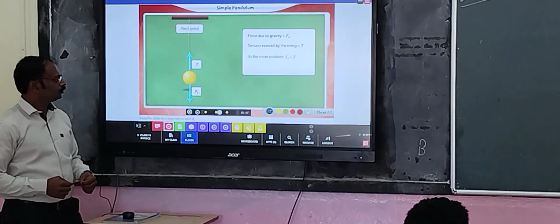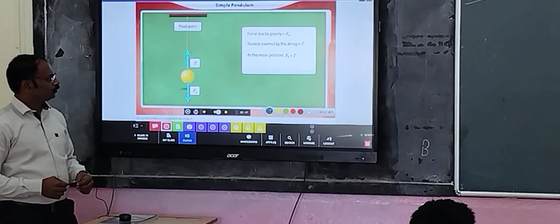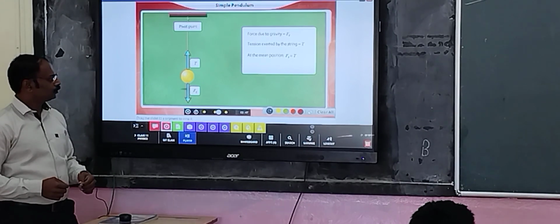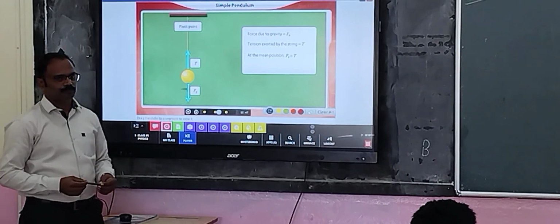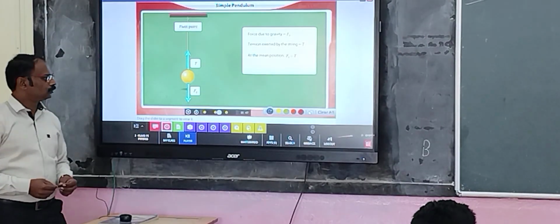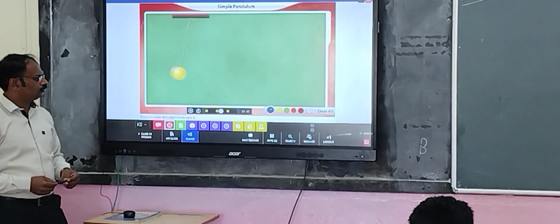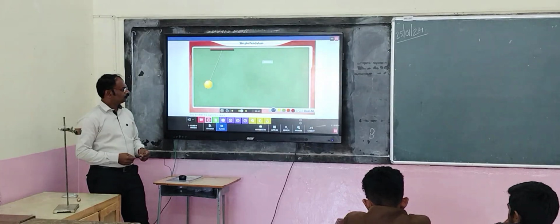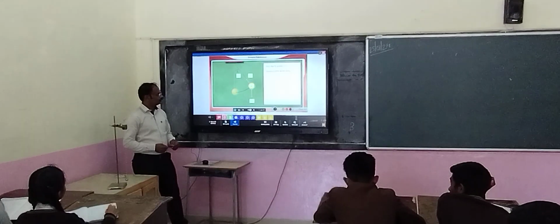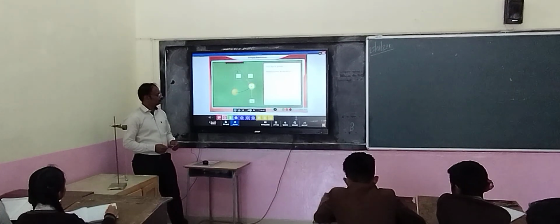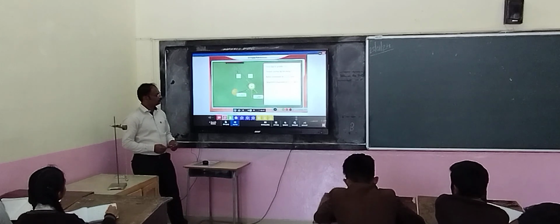When the ball is at its mean position, the downward force due to gravity is cancelled by the tension. When the string makes an angle theta with the vertical, the force due to gravity can be resolved into two components, the radial component and the tangential component.